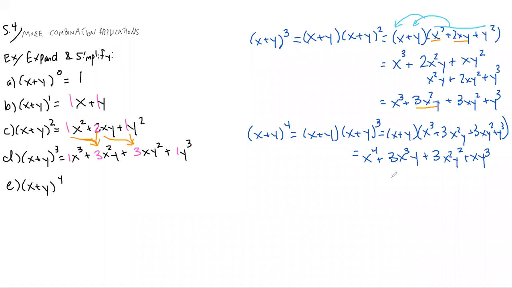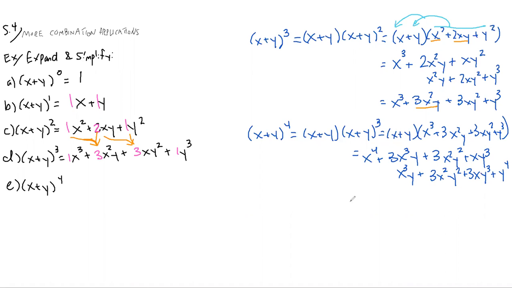And now if I push the y through, I'll get yx cubed plus 3x squared y squared. And the 3xy squared times y. And then finally, the y and the y cubed will give us y4.